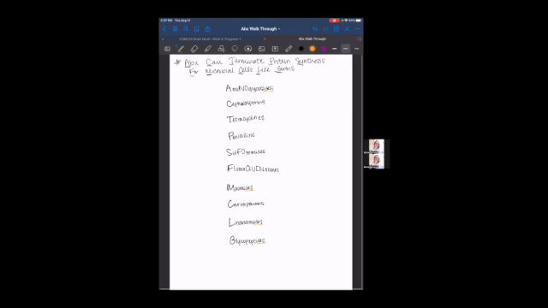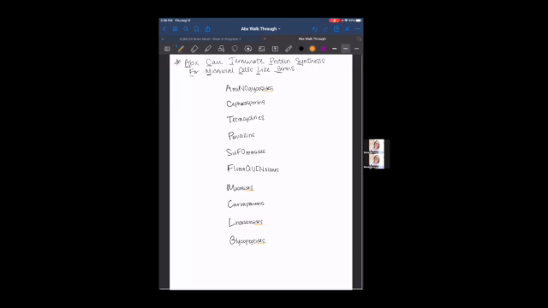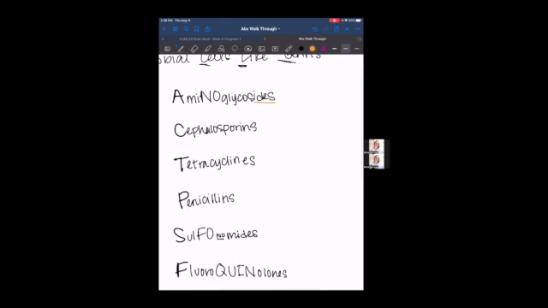1, 2, 3, 4. Underlining the IDES is going to tell you if it's gram-negative, gram-positive, or both. All of them cover both except the ones that we've underlined here. Aminoglycosides, it's amino glycosides. So that's going to be gram-negative coverage.